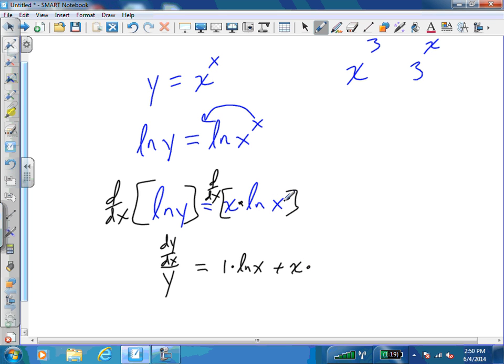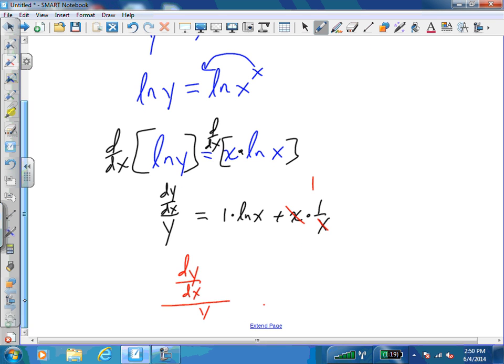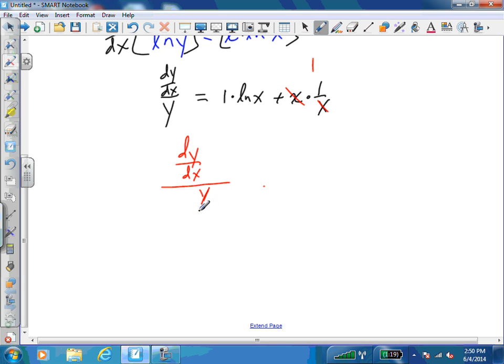And what's the derivative of natural log x? 1 over x. That reduces. So dy over dx all over y equals natural log x plus 1. And how do we get dy over dx by itself?